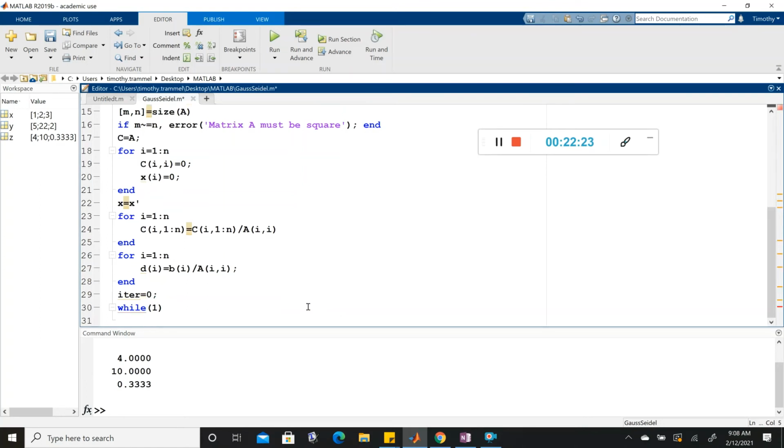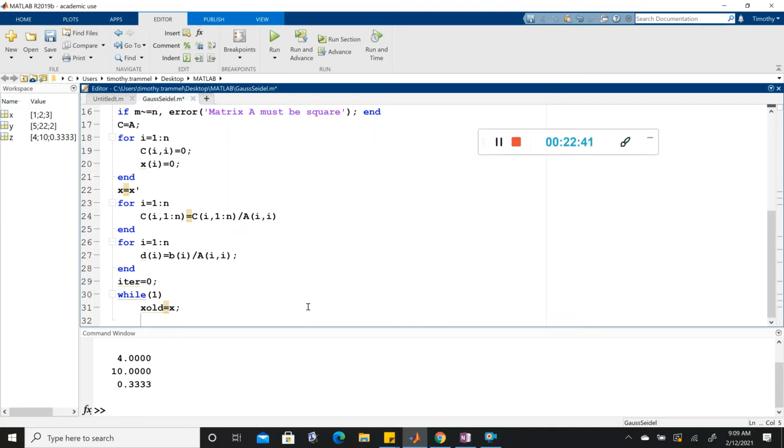Okay. And we are going to be computing a relative error, so I'm going to want an x old in here. Okay, so x old is just equal to x. So every time this while loop runs, x old becomes the previous x. Okay. That makes sense.